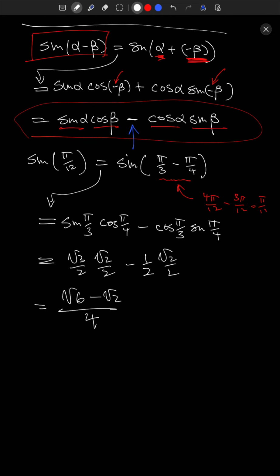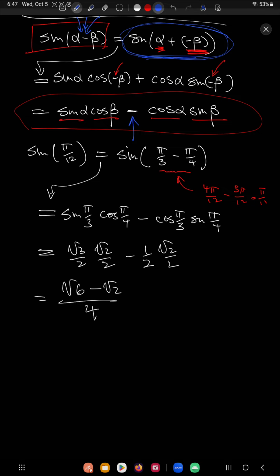One thing to note about the difference identities, I think I said this last week for cosine as well. You never really have to memorize this one because you can just use the sine alpha plus beta identity and just remember to break it up in this way. And you can reproduce the alpha minus beta identity immediately. So if you're kind of bad at memorization, which I am, just remember how to reproduce the formula from the sine alpha plus beta formula.